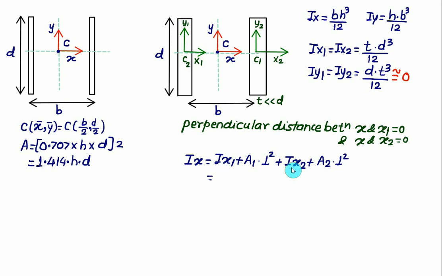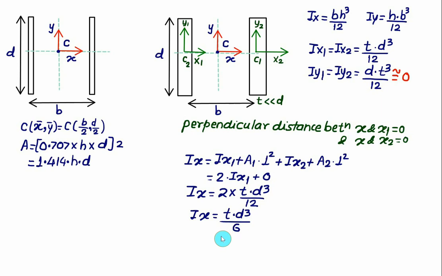Ix1 is the same as Ix2, so we have 2 times Ix1, and the perpendicular distance is 0, so the second quantity will be equal to 0. So the moment of inertia this time will be Ix1 plus Ix2, that is 2 times T into D cube divided by 12. So this value of Ix is equal to T into D cube divided by 6. So remember this formula when the welds are vertical.